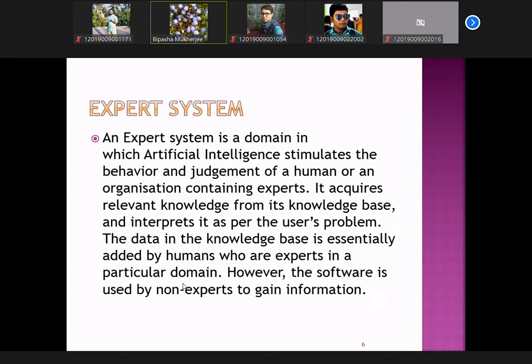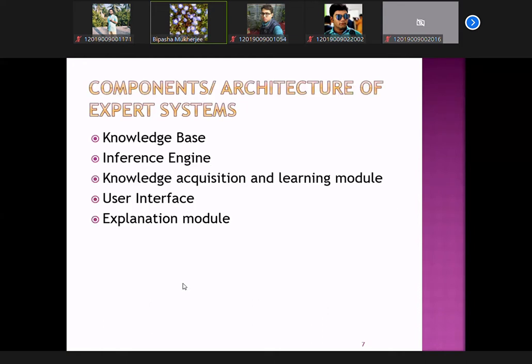An expert system is a complete system which has its own knowledge base and its own inference engine, so that whenever it gets the total information or total knowledge of different situations, it can do the searching.